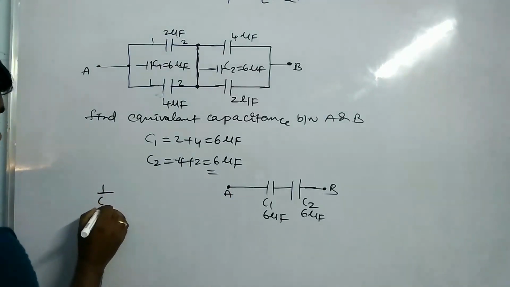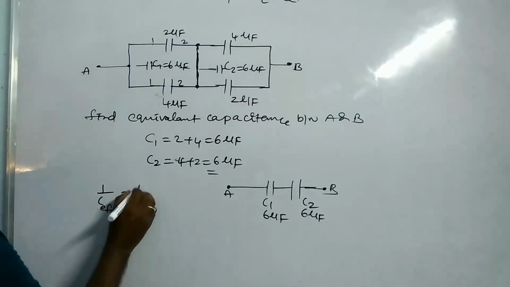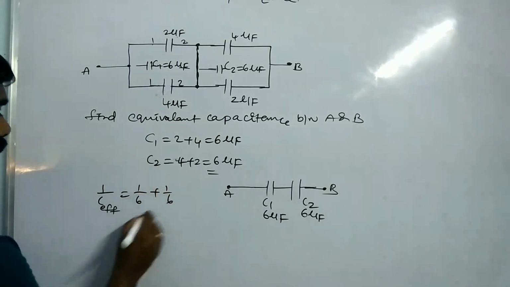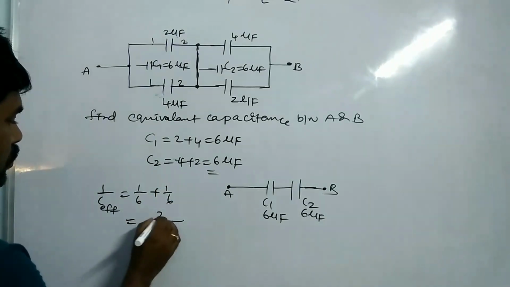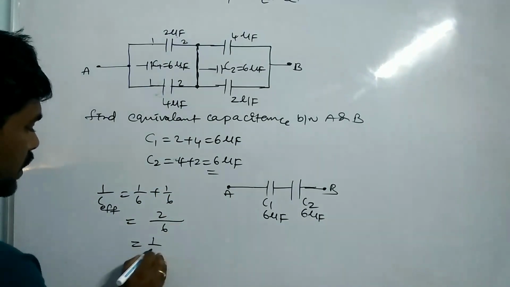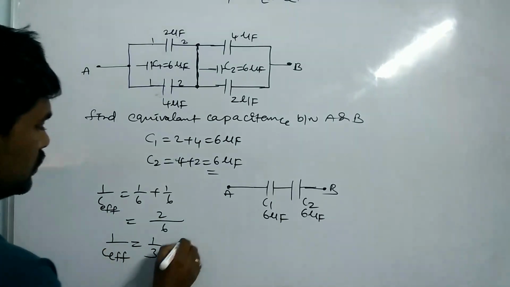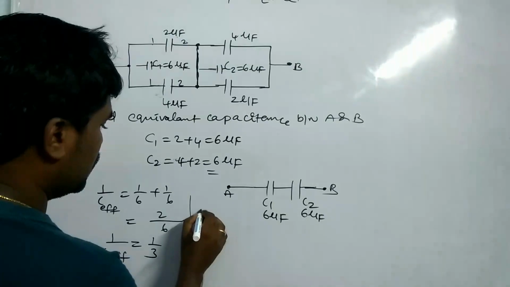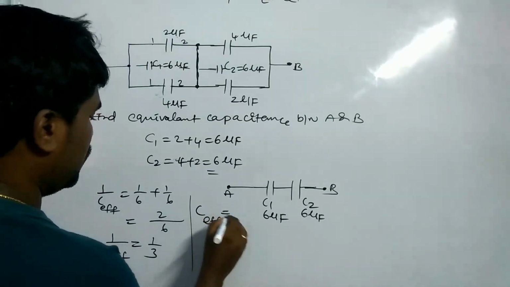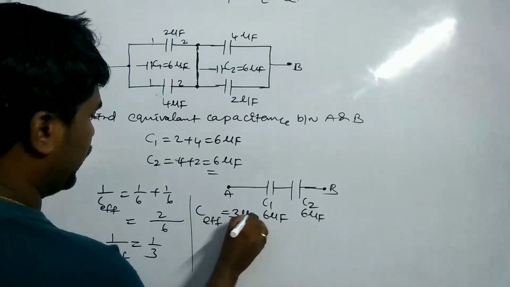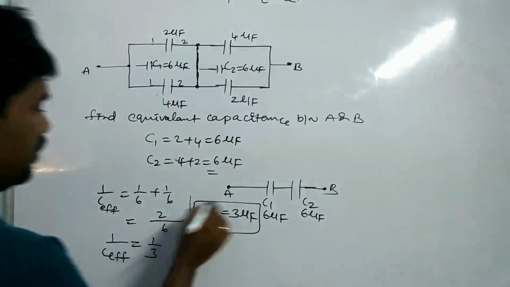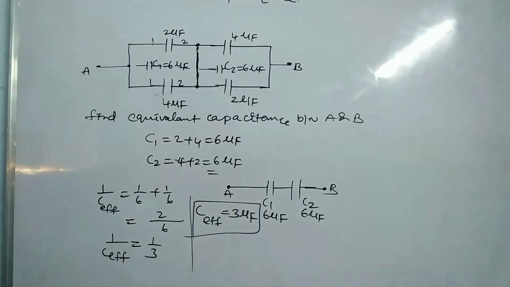1 by C effective is equal to 1 by 6 plus 1 by 6. 6 is the LCM, so 2 by 6, it is 1 by 3. So the effective capacitance C effective is equal to 3 microfarad. How can we find that?